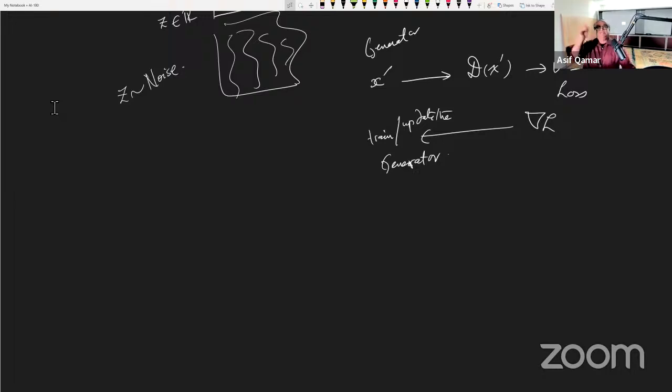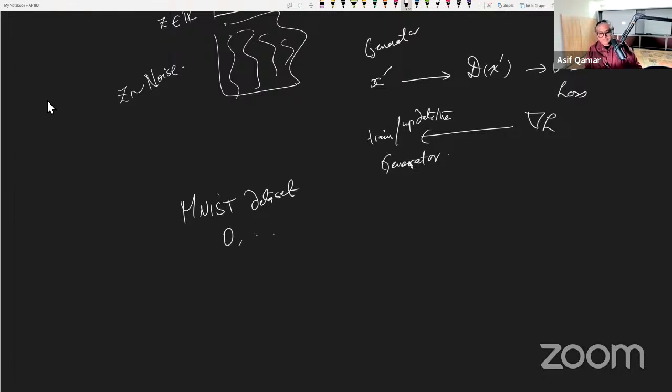I just said that it's a generative algorithm, not a variational autoencoder. Take an example of the MNIST dataset.